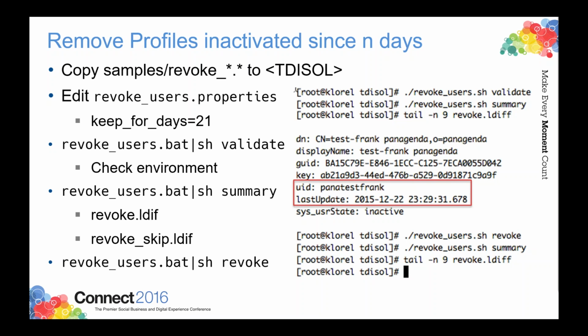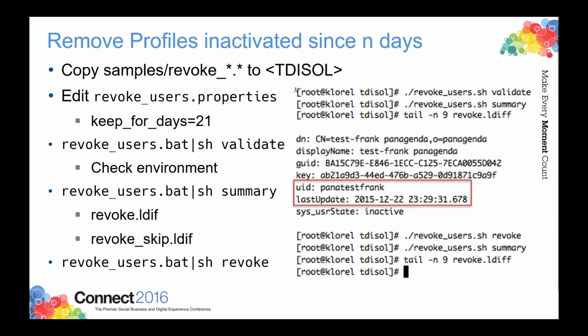Then you can start revoke users summary. You will get a revoke and a revoke skip LDIF file, so you can check which users will get deleted and which inactive users will be skipped at the moment because they are not inactive for 90 days. And in the end, you run a revoke users revoke, and that really deletes the profile.